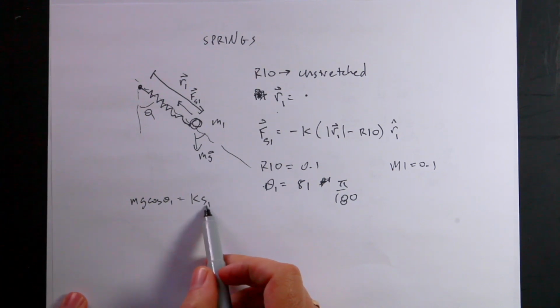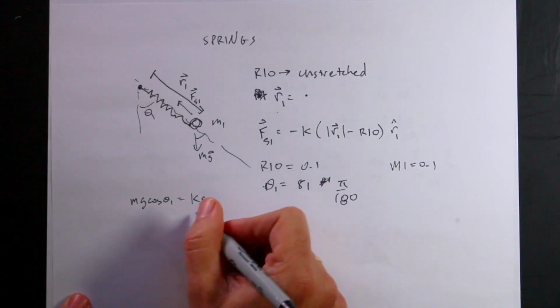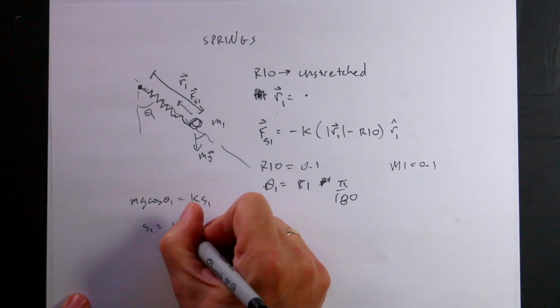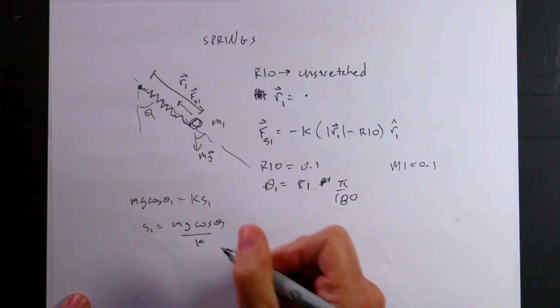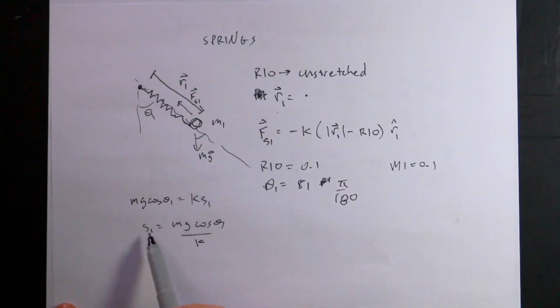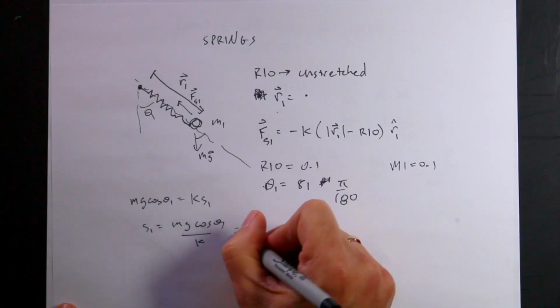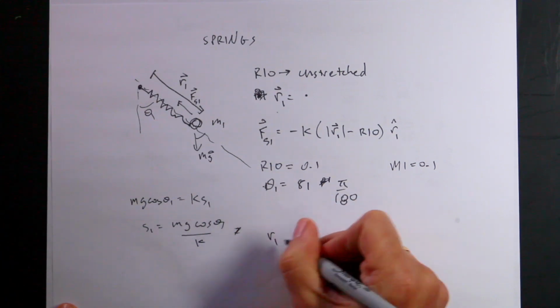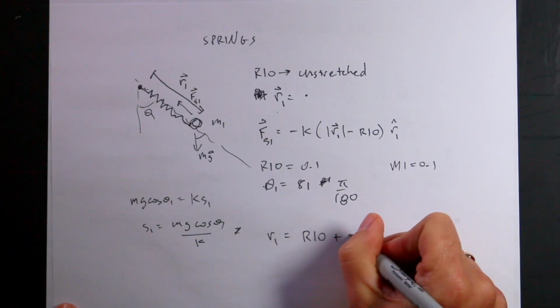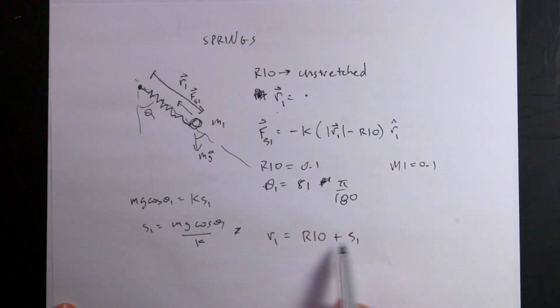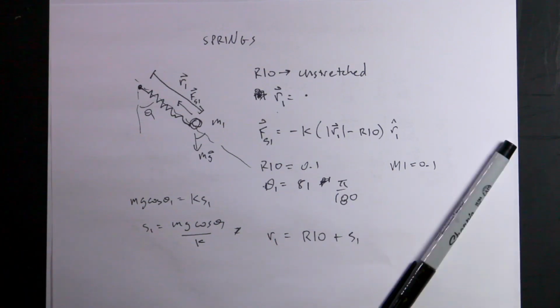And so I want to solve for S1. That's easy. S1 is mg cosine theta 1 over k. Now, I can say R1 to begin with is going to be R10 plus S1. So that's the initial stretch. That'll give me the initial stretch. So let's put that in my program and see what happens.